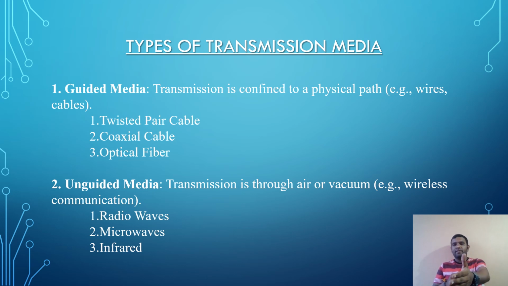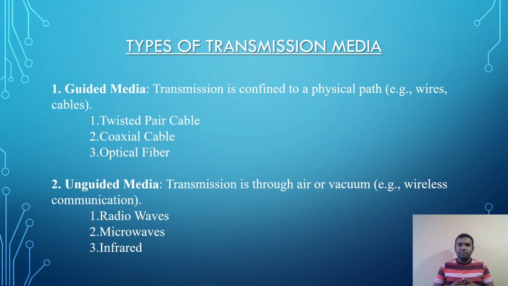An example is wireless communication, whereas the guided media example is wired communication. Here there are no wires from the sender to receiver. The information is just left in the air, and it gets received by any receiving device.